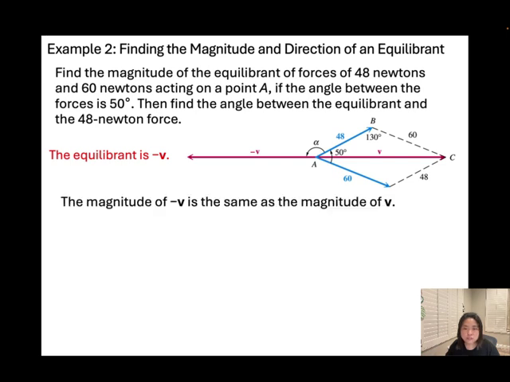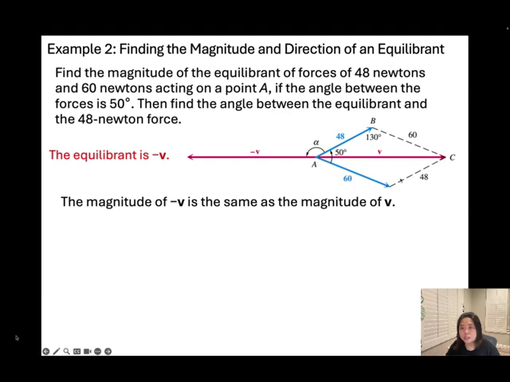The magnitude of negative V is the same as the magnitude of V. Okay, so we know this is 50 degrees and this is a parallelogram, so the adjacent angle will be 130. Supplementary, right? 130 plus 50 is equal to 180. And then we can move the vector. This is 60, so this is 60 also.